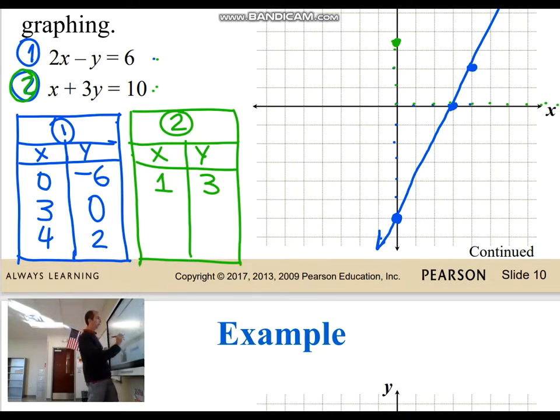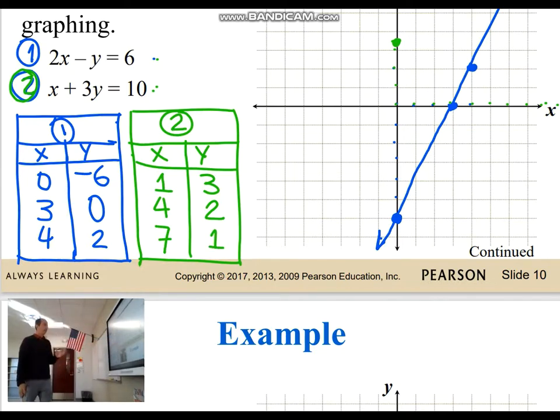If x equals 4, then 3y equals 6, y equals 2. And if x equals 7, then y equals 1. Nice, we have nice integer numbers. We can find them in our graph.